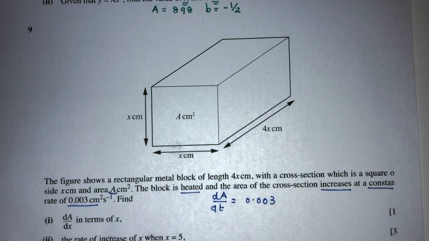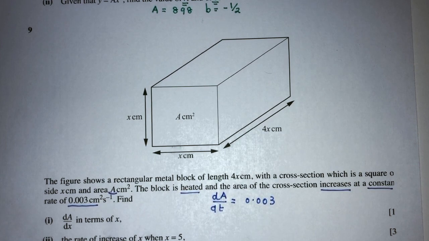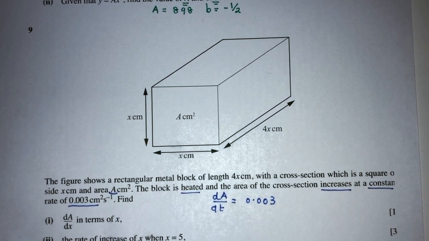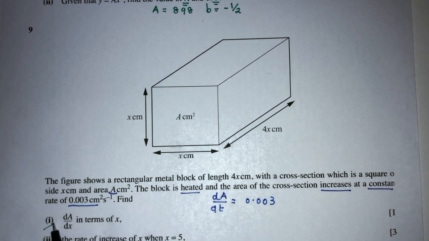Now, one thing you have to know is that if the question says decreases, you will have to put minus, but here it is increases, so it will be a positive value for dA by dt, the rate of increase of the area. Now for part 1, we have to find dA by dx in terms of x.